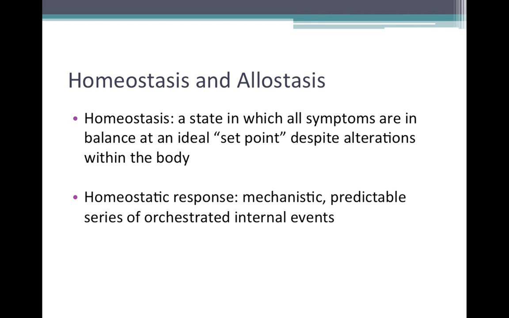Really what this refers to is that your organ systems will function to achieve homeostasis, and they're always going to respond in a particular way to help you get to homeostasis. Unless there's a certain disease process occurring, homeostatic responses should be mechanistic in the sense that they are predictable, and they're going to be orchestrated in the sense that they'll work with other organ systems to help achieve homeostasis.